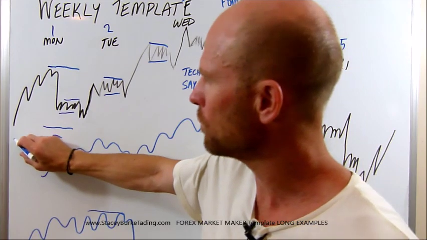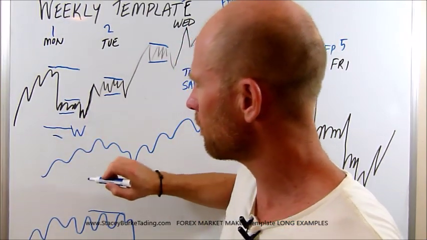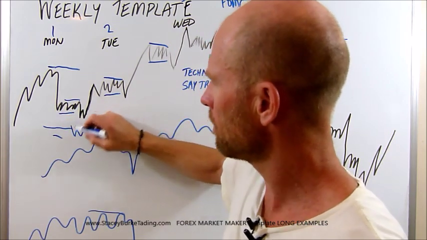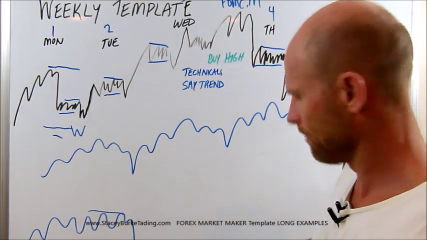Often what you'll see, which will end these templates, even in the intraday cycle, are a W formation down low and an M formation up top.